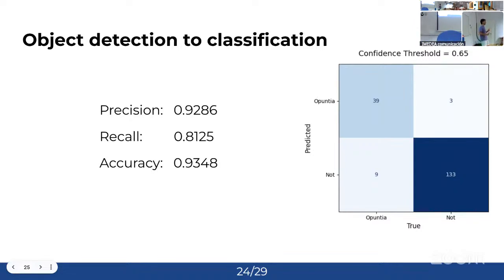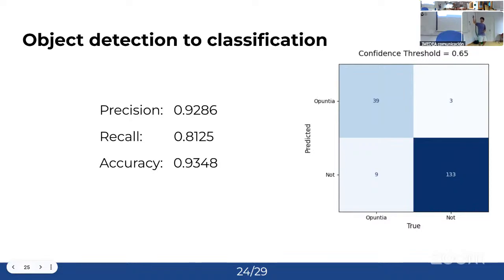We have two classes, which is Opuntia and not Opuntia. The model learns what is an Opuntia, but by learning what is not an Opuntia, the model has to learn everything that is not Opuntia. So it's a very ambiguous class. It has to learn that a car is not an Opuntia, a tree is not an Opuntia, the road is not an Opuntia. So there are too many things that can be not Opuntia.